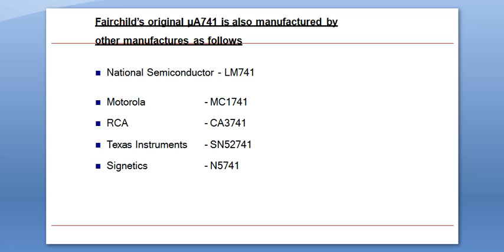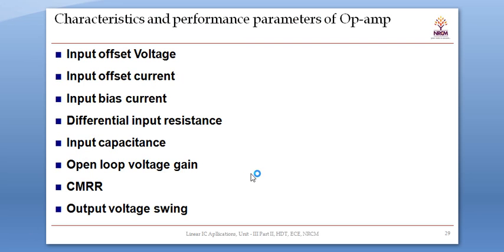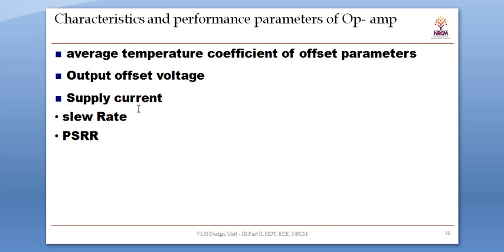So we will see a few of the characteristics of OpAmp. The characteristics or electrical parameters of the OpAmp are also called performance parameters. A few of them are input offset voltage, input offset current, input bias current, differential input resistance, input capacitance, open loop voltage gain, CMRR, output voltage swing, output offset voltage, average temperature coefficient of offset parameters, supply current, slew rate, and PSRR.